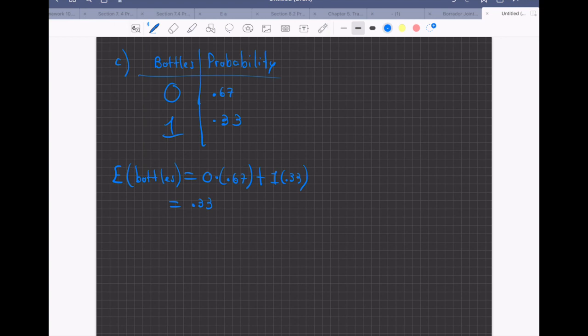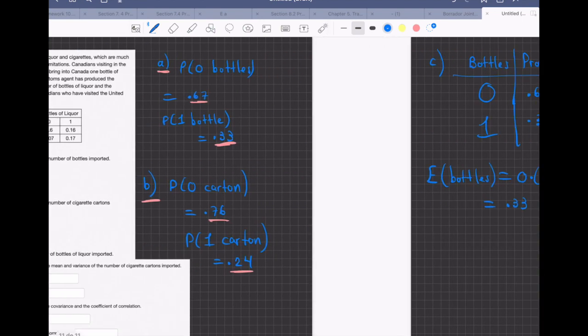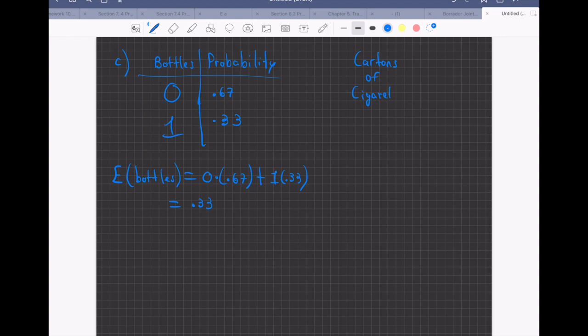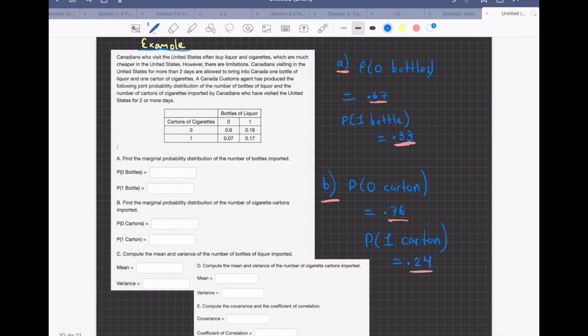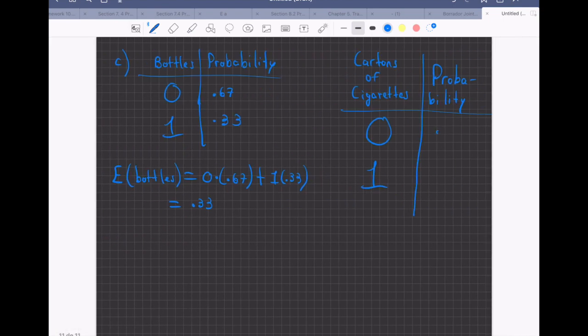Now do the same for the cartons of cigarettes. We have 0 and 1 and the probabilities: the values are 0.76 and 0.24.